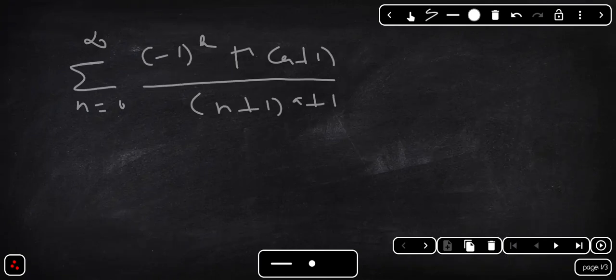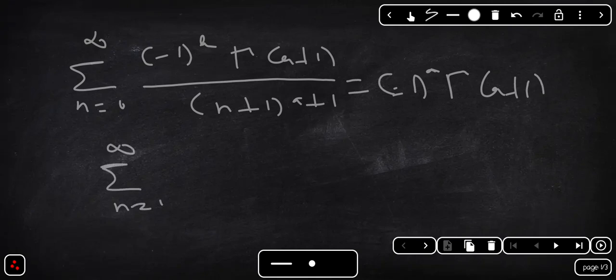All right. So then we know that minus 1 raised to the power of a multiplied by gamma of a plus 1 is also a constant. So I can bring out minus 1 raised to the power of a gamma of a plus 1, multiplied by the sum of n from 0 to infinity of 1 over n plus 1 raised to the power of a plus 1.